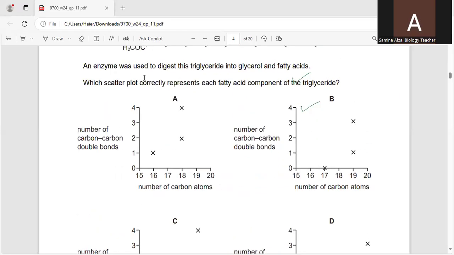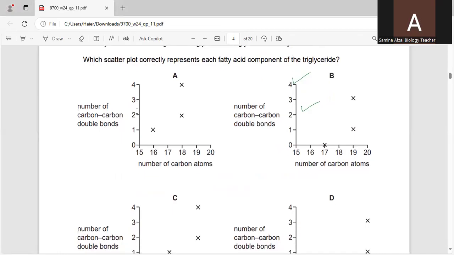So an enzyme was used to digest these triglycerides into glycerol and fatty acids. You know, the triglycerides are formed with one glycerol and three fatty acid molecules. So we have to discuss these A, B, C, and D. First of all, you can see in chain one, there was no double bond.